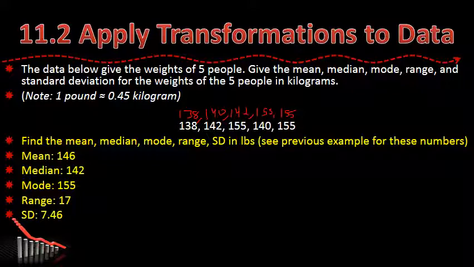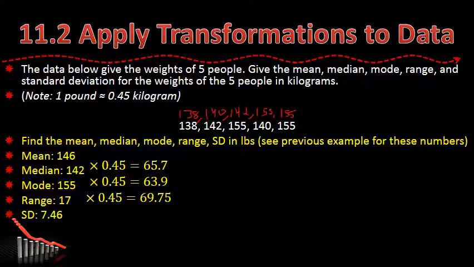To change it to kilograms, you would multiply by 0.45. So I take my mean and multiply by 0.45, and the new mean in kilograms, 65.7. New median be 63.9. New mode be 69.75. New range, and new standard deviation.